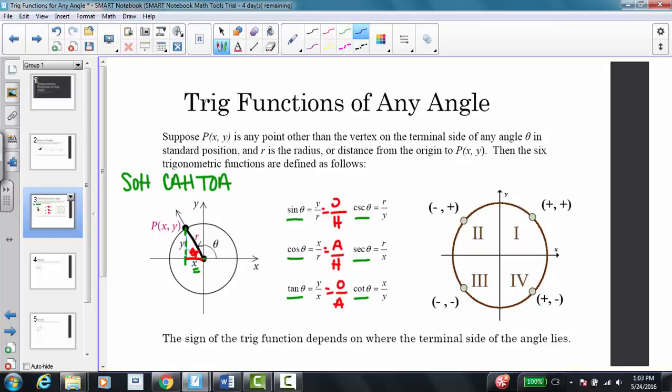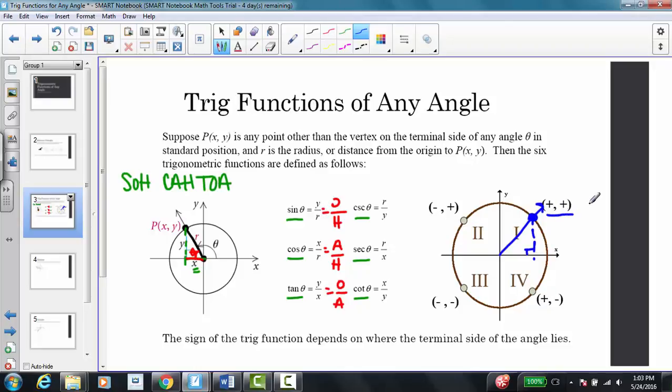The next thing we need to talk about is that the sign of the trig functions will depend on which quadrant the terminal side of our angle lies in. If my terminal side lies in quadrant 1, which means I'm looking at this point right here and dropping that perpendicular line to form my right triangle, both x and y are positive.